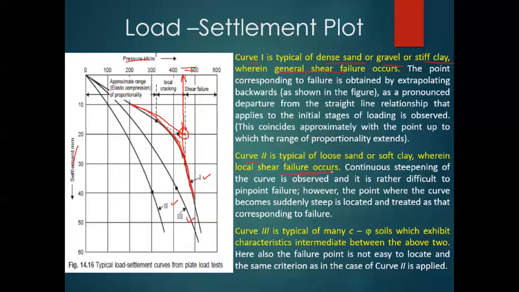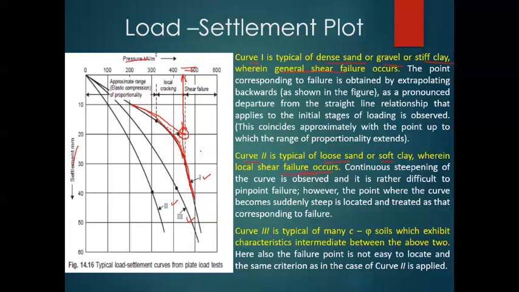The meaning of general shear failure, local shear failure, as well as the third one, punching shear failure, we are going to discuss in the next module on bearing capacity, which has quite sufficient content, so I will take it later. At this instance, just try to memorize this: curve 2 is for loose sand or soft clay.